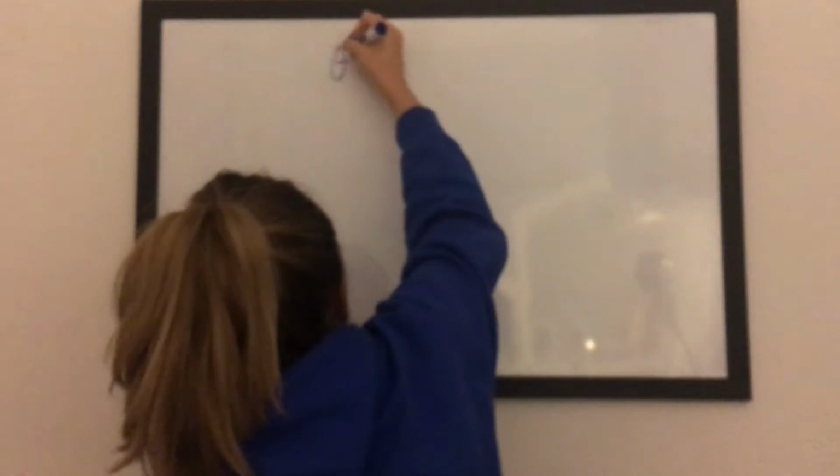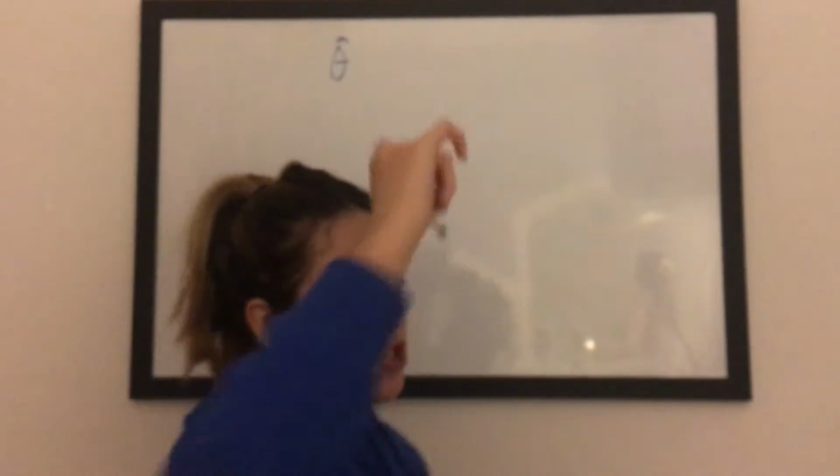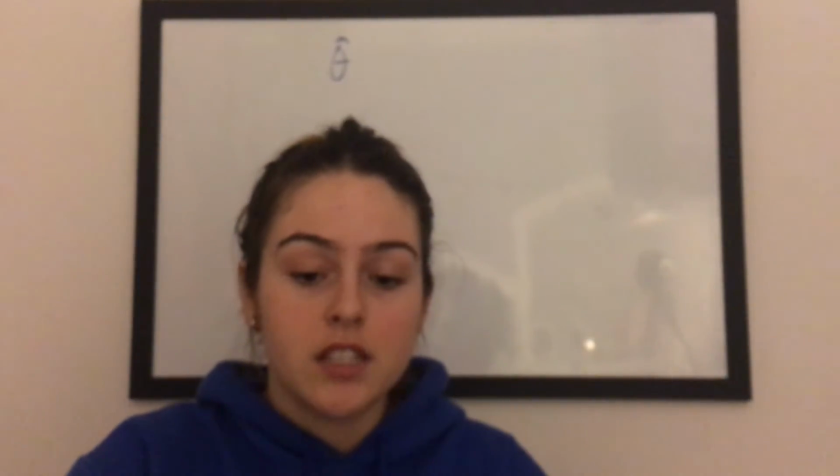Okay, so starting off with what angular displacement is. Essentially, angular displacement is represented by this sign, and it just represents the change in position and the distance traveled in terms of change in s.